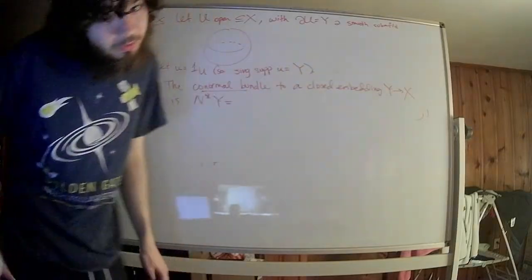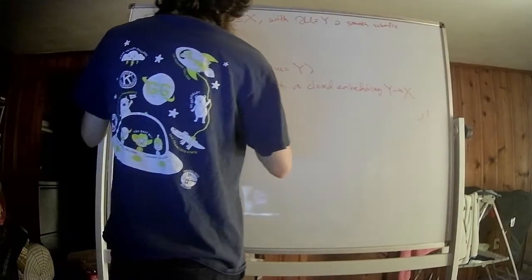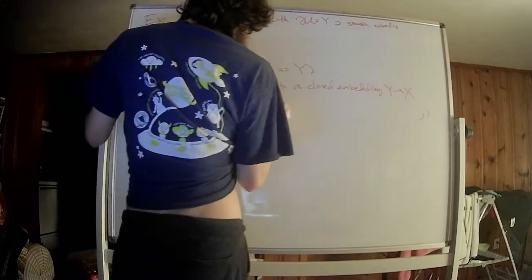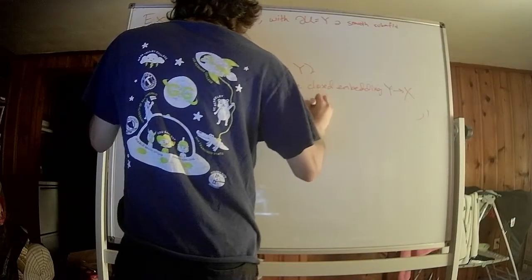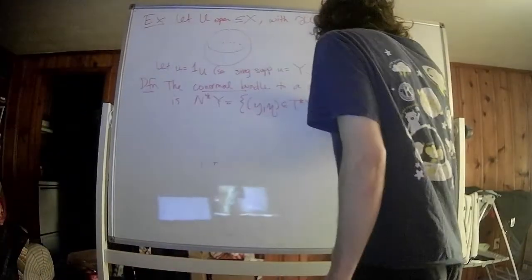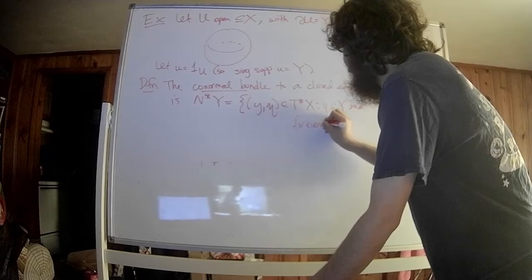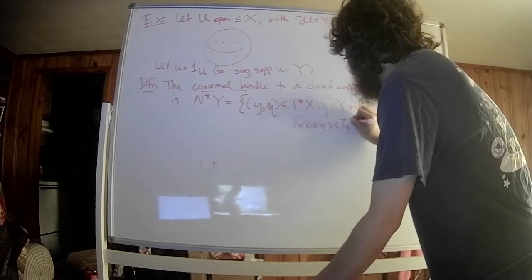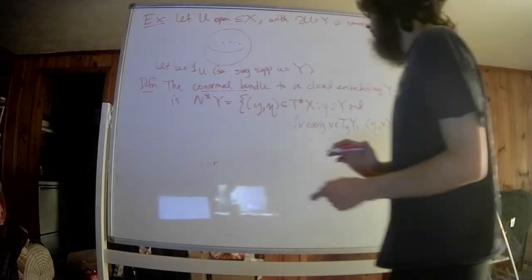This means that Y can be viewed as a closed submanifold of X. And the conormal bundle is just the set of (y, eta) in T star of X. Well, first of all, it's a bundle on Y, so little y better be in Y. And for every v in the tangent bundle of Y at y, eta kills v.